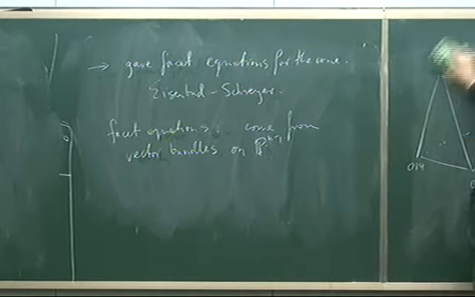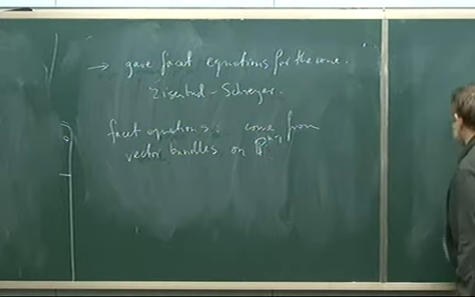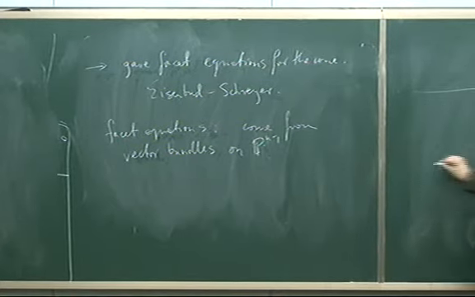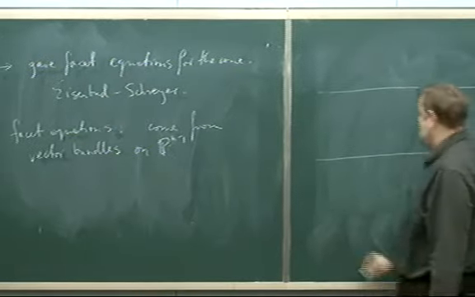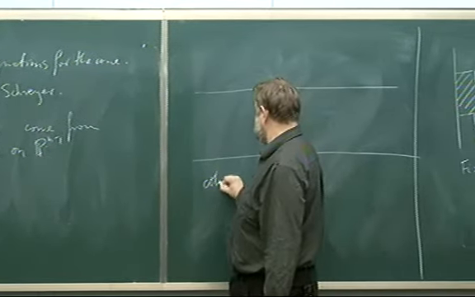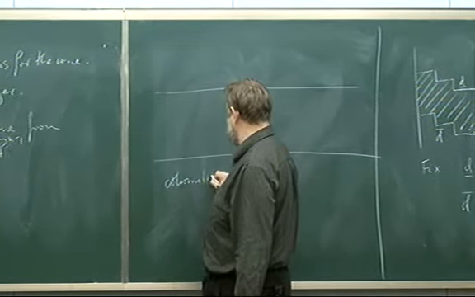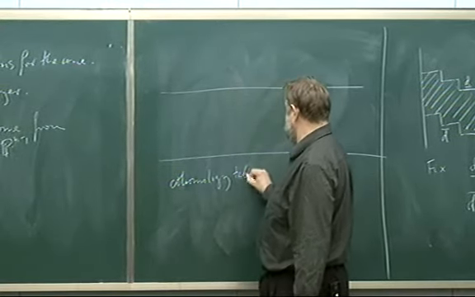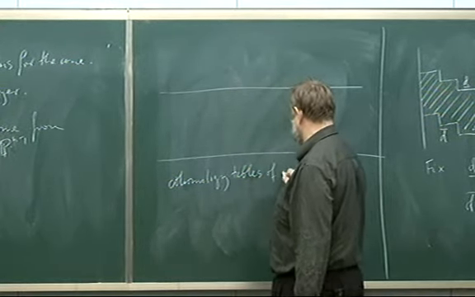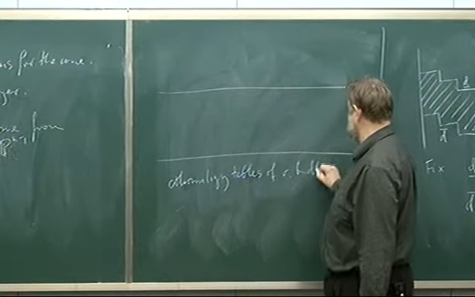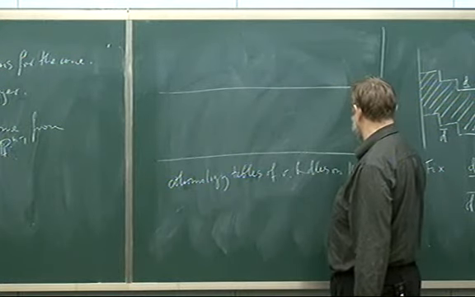It's complicated, so I will not explain. But the point is that they look at the cohomology tables of vector bundles on P^(n-1).